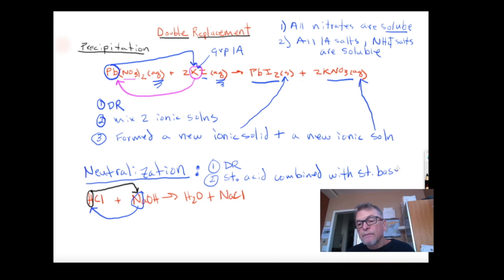You should have your 6 strong acids memorized and your 5 strong bases. And part 3 was that the reaction forms water and salt.